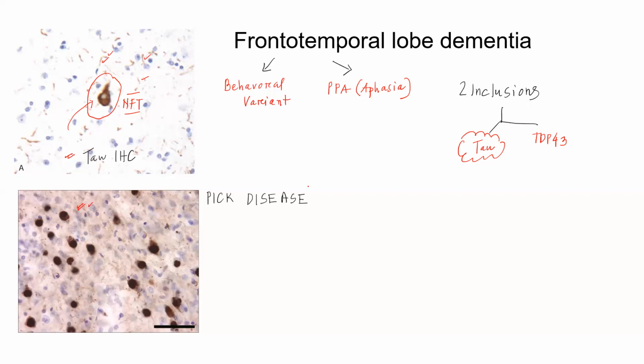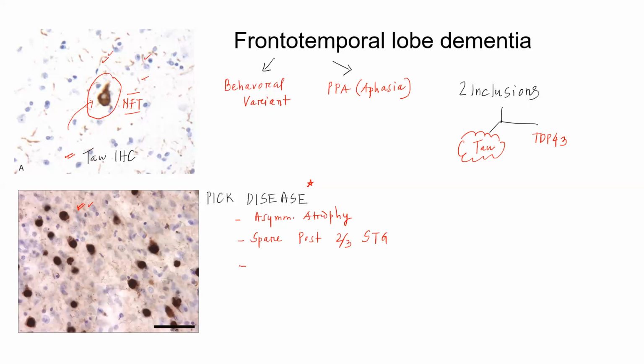There is a variant of frontotemporal lobe dementia that is known as Pick disease. It is characterized by asymmetric atrophy of the frontal and temporal lobes. Second point is they will always spare the posterior 2/3 of the superior temporal gyrus.